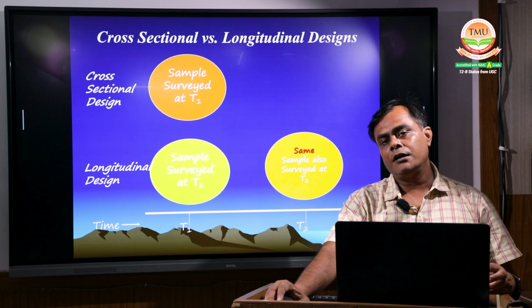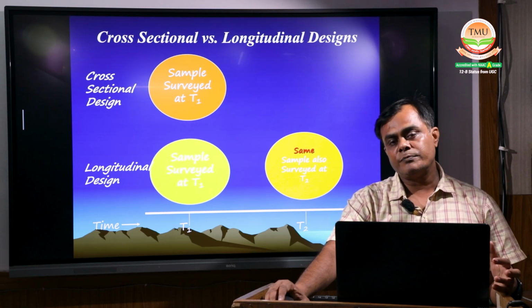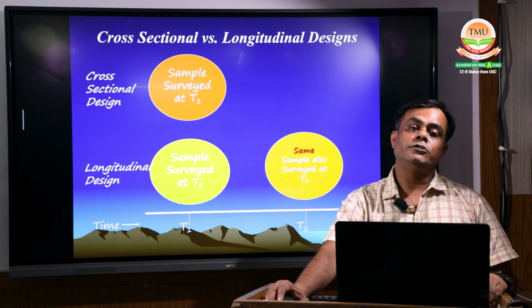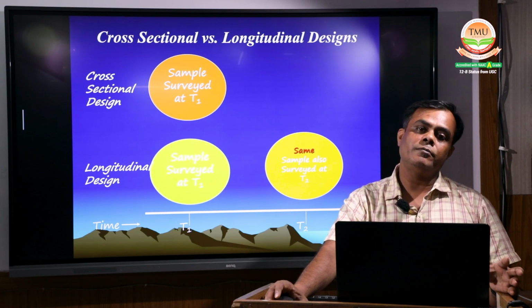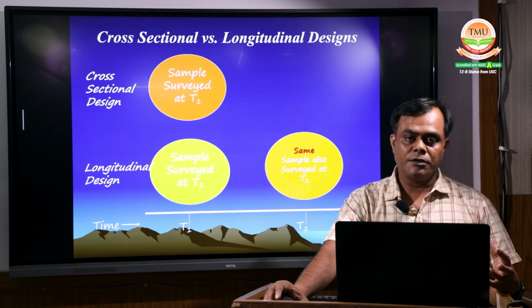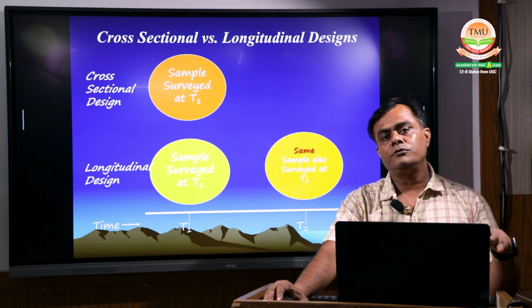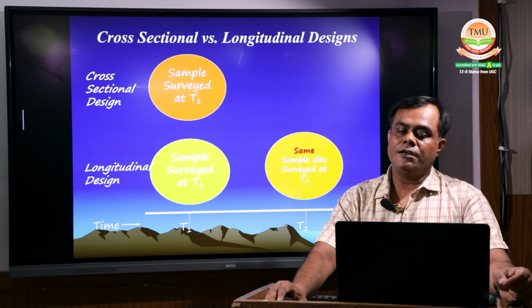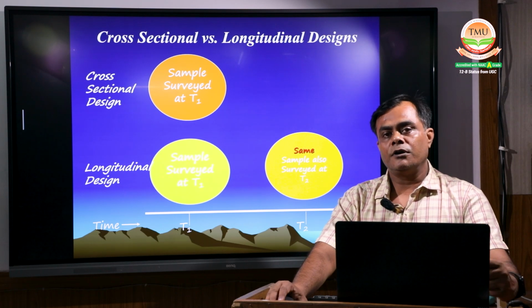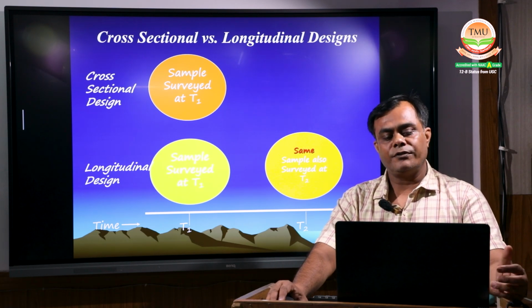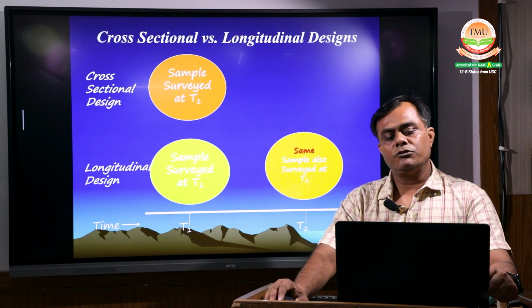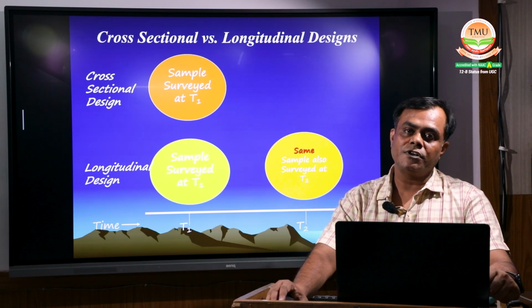Sometimes a particular participant drops out, or due to some accident or problem they are no longer able to continue in the observation process. In that condition it is a high risk for the researcher. Complex data measurement: managing and analyzing longitudinal data is very complex and requires advanced statistical techniques.